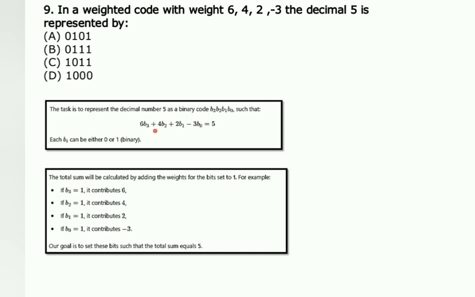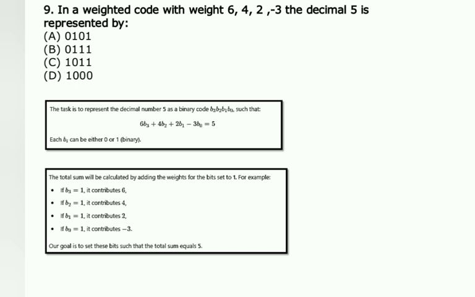If B3 equals 1, then it contributes 6. If B2 equals 1, it contributes 4. If B2 equals 0, then it doesn't contribute 4 here, so it will be skipped. And if B1 equals 1, it contributes 2. And if B1 equals 0, then the 2 cannot be obtained here. So from the given weights, we have to obtain the decimal value 5. If you make the B2 value 0, then you can get the total sum as 5.